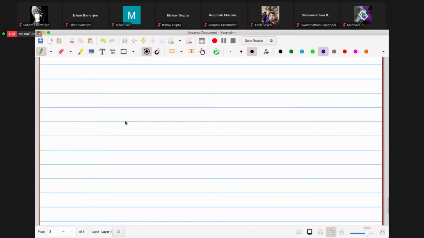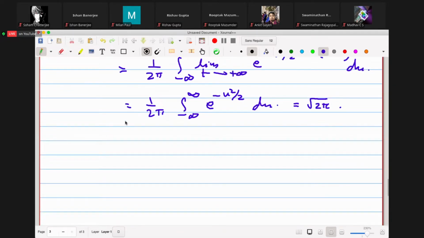Okay. Therefore, limit t goes to plus infinity of f_0 of t. I know already the value of f_0 of t, it had gamma of t here, t power t minus half, and then e power minus t.